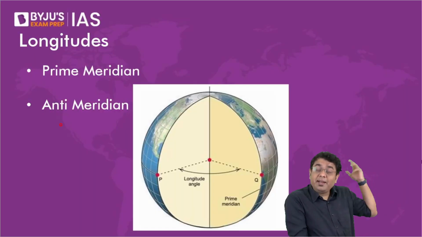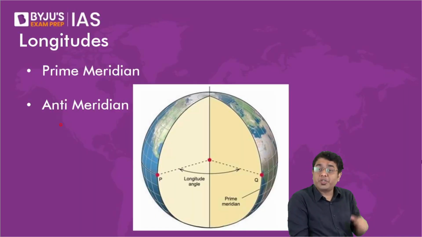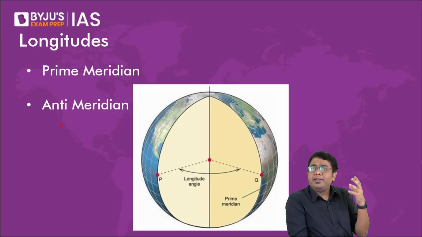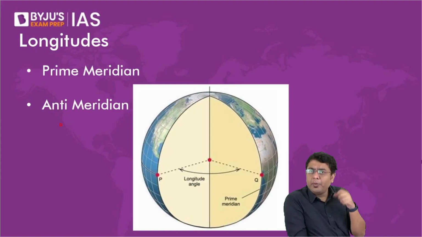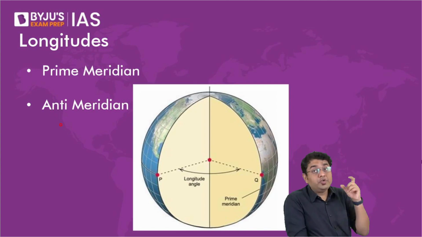Someone sitting, let's say, in Greece, if that person receives the news that at 5 p.m. this will happen, how is that person to figure out 5 p.m. of Chinese time or 5 p.m. of my time or 5 p.m. of British time? So that is why the need was felt, as the world started getting smaller because of ease of conveyance and ease of movement, that there needs to be a reference time which needs to be kept.